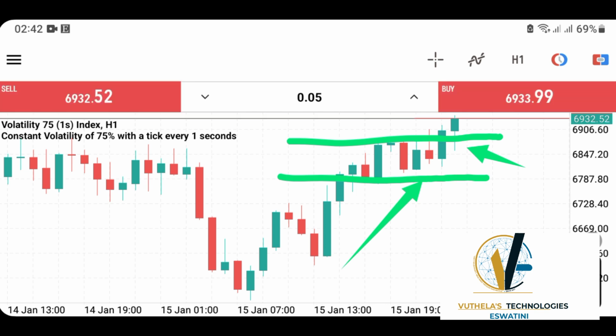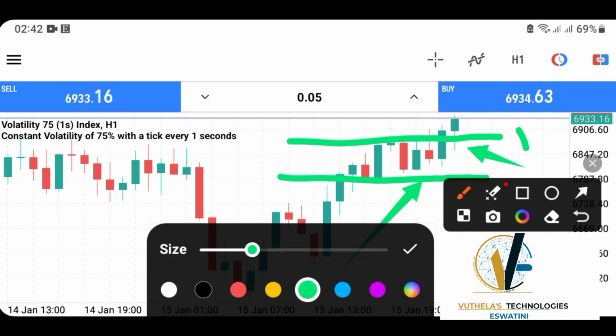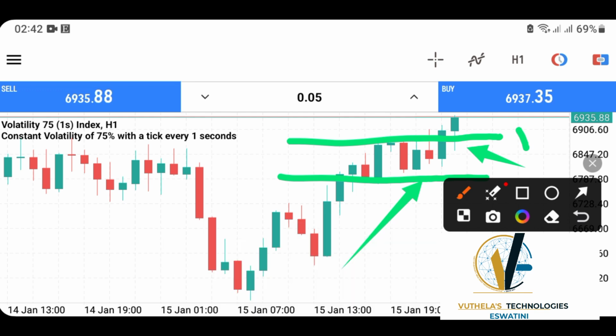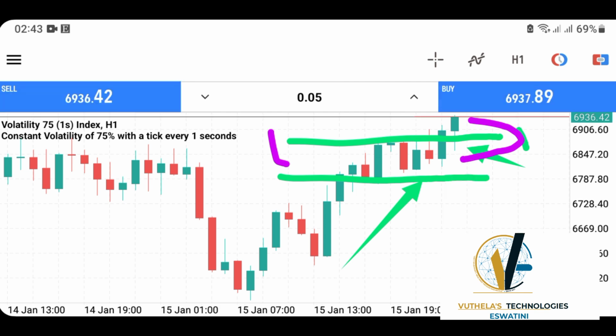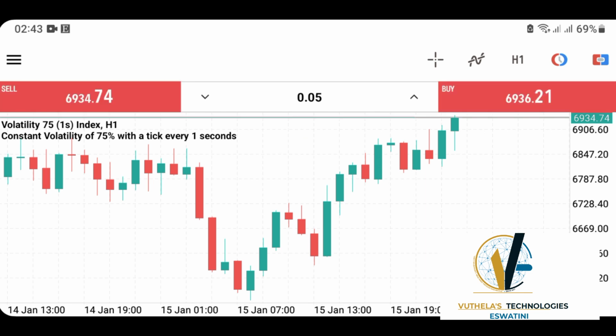I'll write 1 here. The market has broken the structure. Let me change the color so that you can see what I'm talking about. Here I'll write 1. The market has broken the structure on top. Now this level has been broken, meaning that it was able to break the structure upwards.